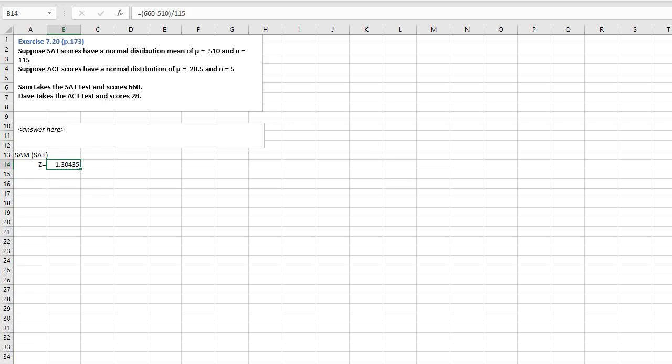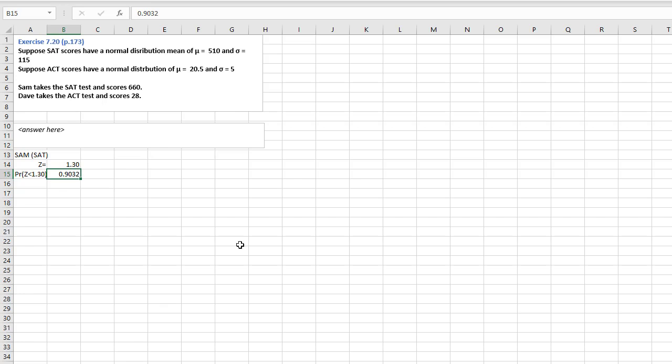I'm going to move that decimal place so I know when I look it up that I'm going to find 1.30. So the probability of z being less than 1.30, when I look it up in the back of the book, in table B, is 0.9032. Okay. And what is this saying?